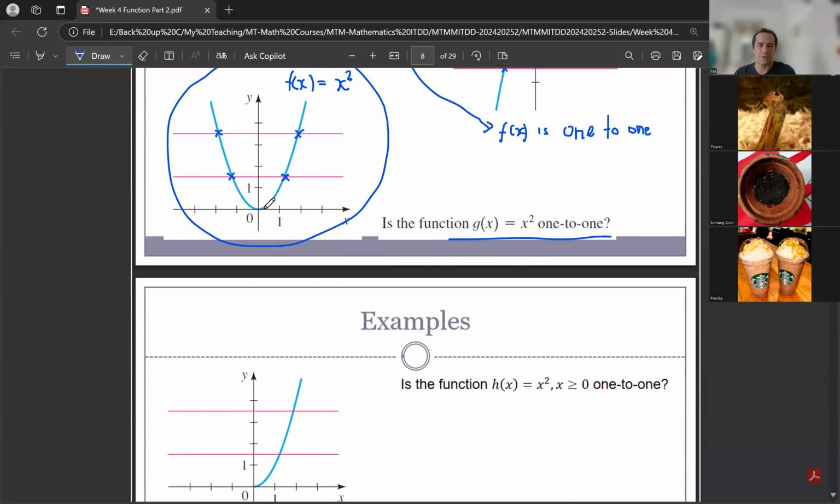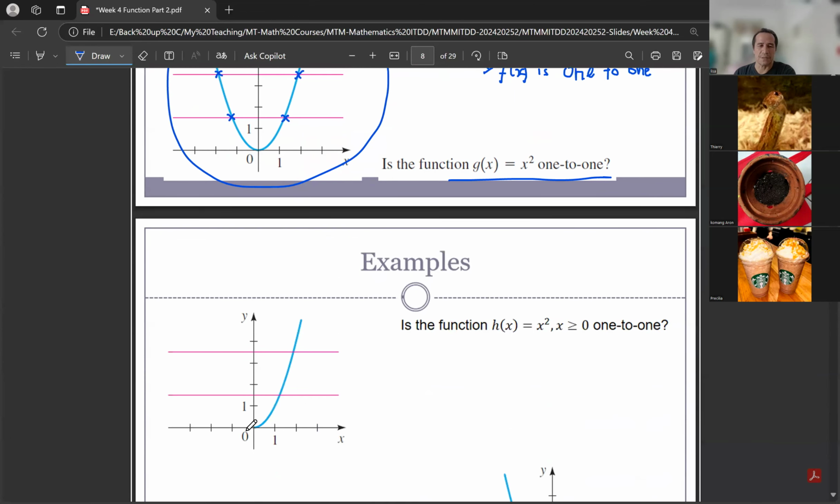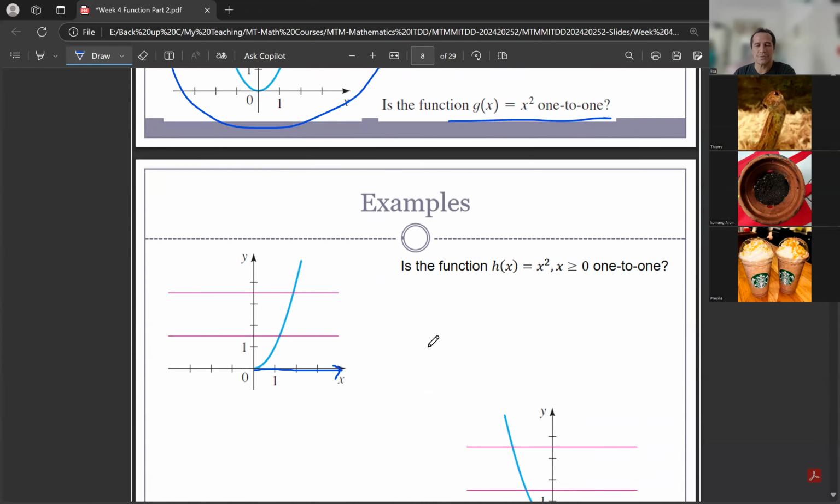This is not one-to-one, but if we only have the domain on the positive real line, then the function will be one-to-one. So this is the restriction applied that makes this function one-to-one.